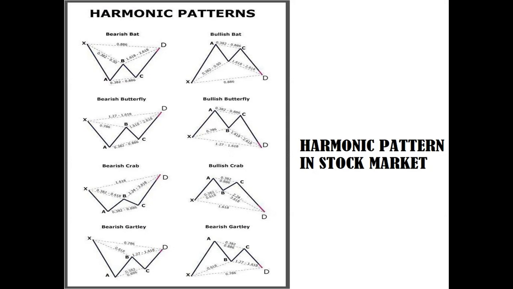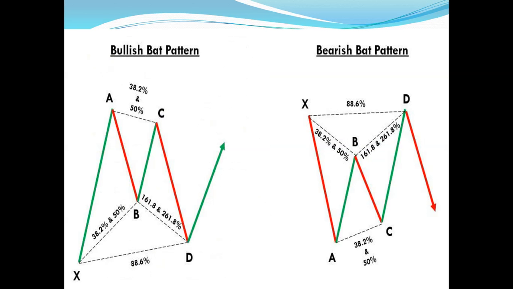You see the top is the bearish bat, bullish bat, then bearish butterfly, then bullish crab, then bearish Cartley. So you see the diagram. This will give a simple idea.